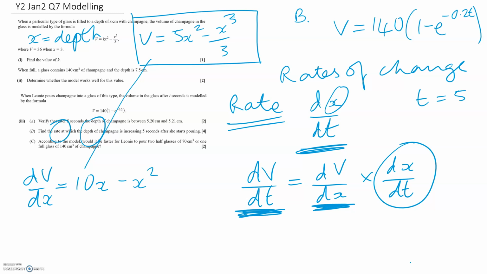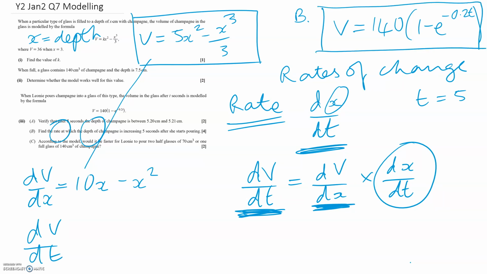So dv by dt, we need to differentiate this formula now. I would multiply out the brackets, and you'll get v equals 140 minus 140 e to the minus 0.2t.